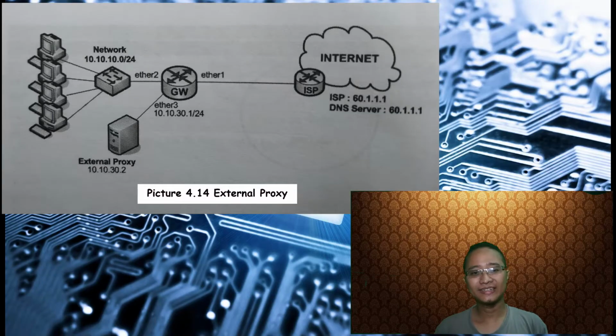In that picture, the external proxy connected with Ether 3 will not connect with the switch that connects to Ether 2. A good network is one that separates the server or proxy from the user computers. This actually has the purpose of increasing the security level of your network.